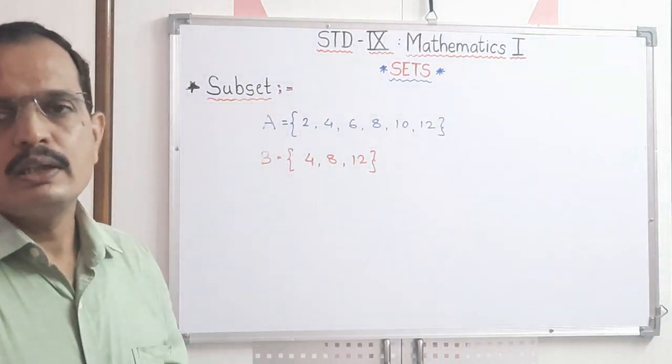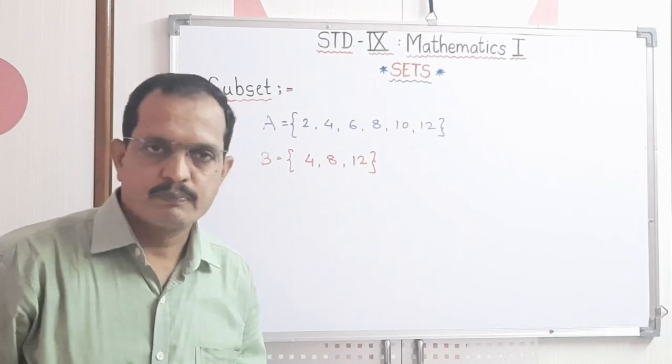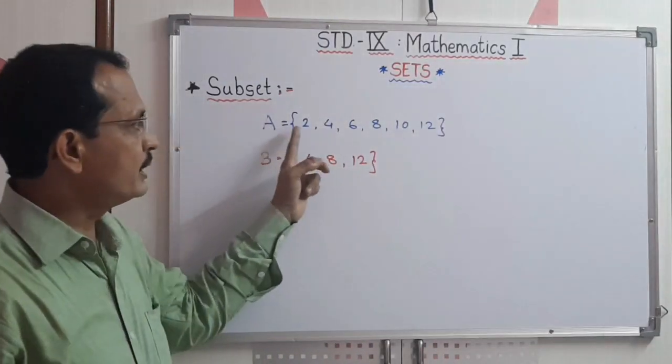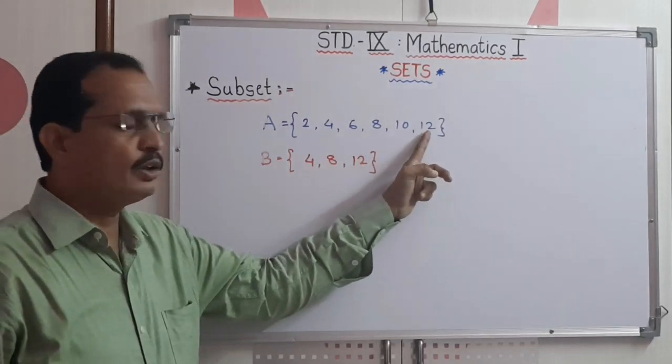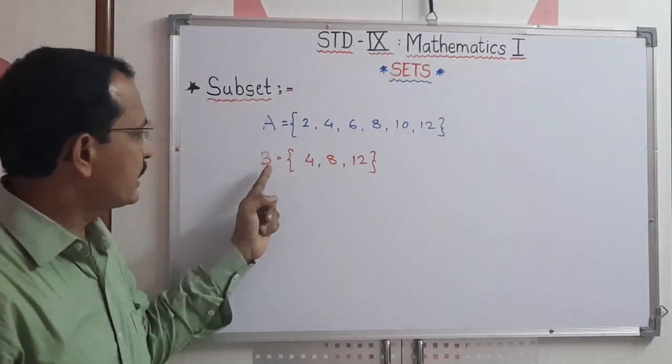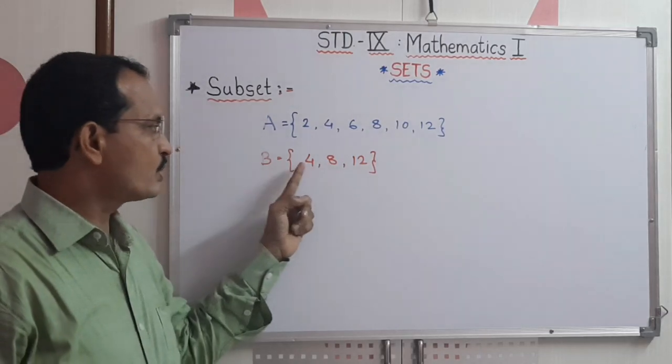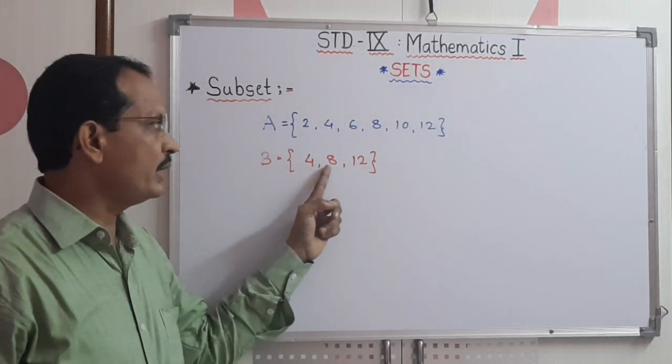Now observe the elements of both the sets. Set A contains 6 elements: 2, 4, 6, 8, 10 and 12. And set B consists of 3 elements: 4, 8 and 12.